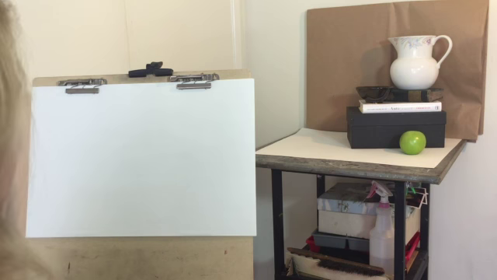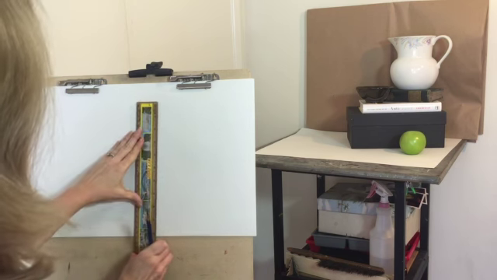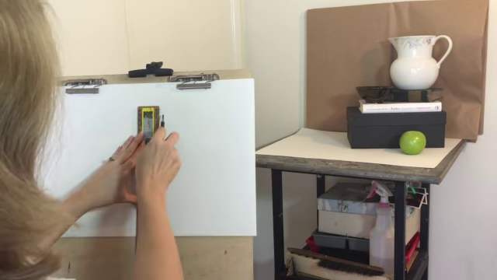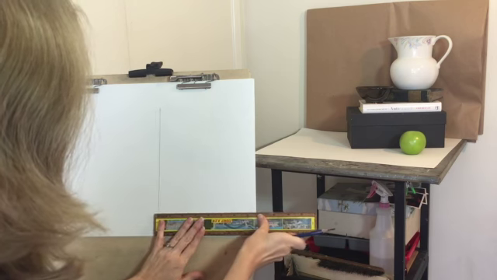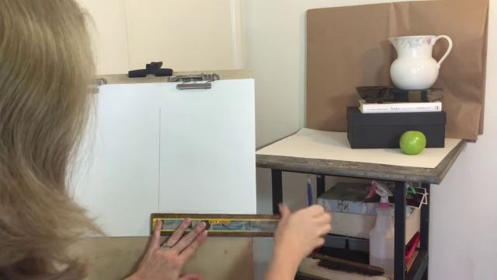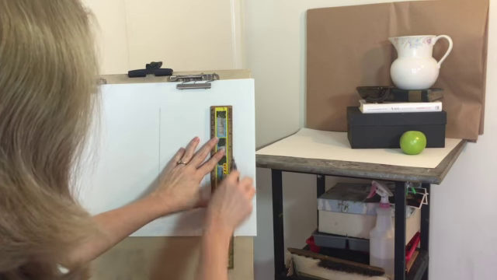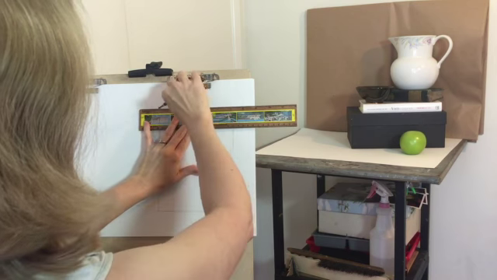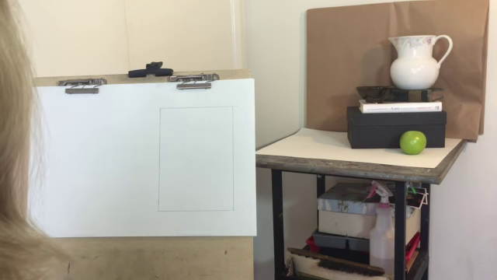So since I'm not using my sketchbook, I'm going to create a vertical box on my page here, just to give you a sense of what I'm talking about. So I will first create a vertical composition here. Not a perfect box, but it'll work.